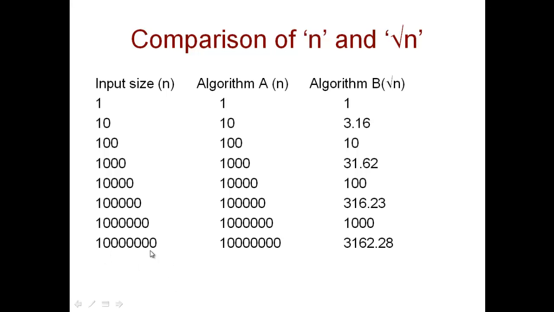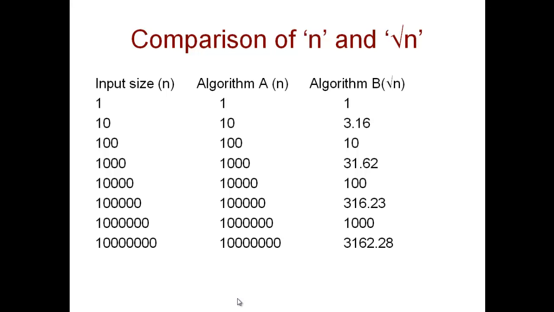So if n is, say, 10 million, the number of divisions you do is also 10 million. Whereas the second algorithm, the worst case is square root of n. If it's 10 million, square root of 10 million is close to 3000. So 3000 is not the same as 10 million. You see, things are getting different.